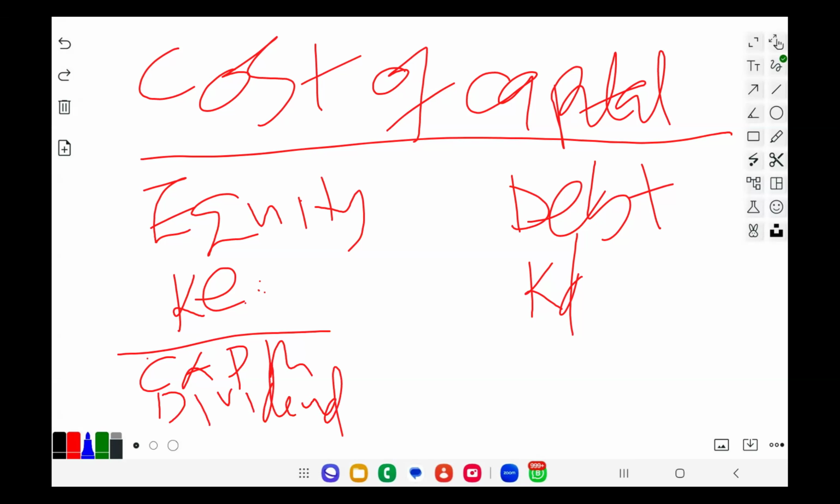Those are the ones used to find the cost of equity. We also said we need to find the cost of debt, and there are two main methods used to find it.